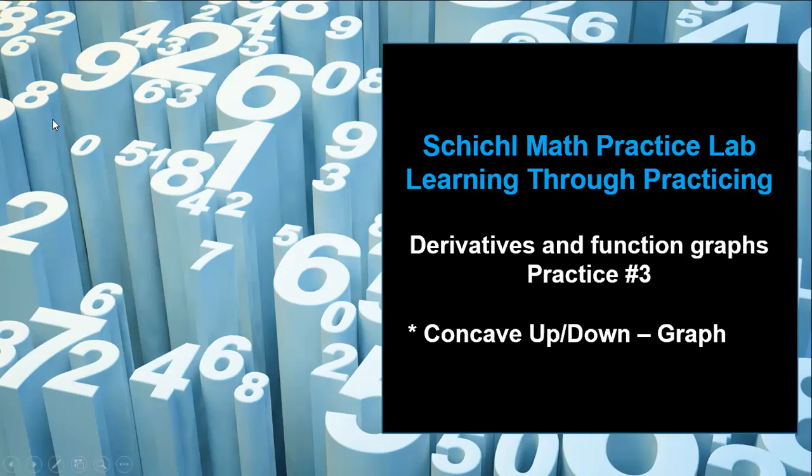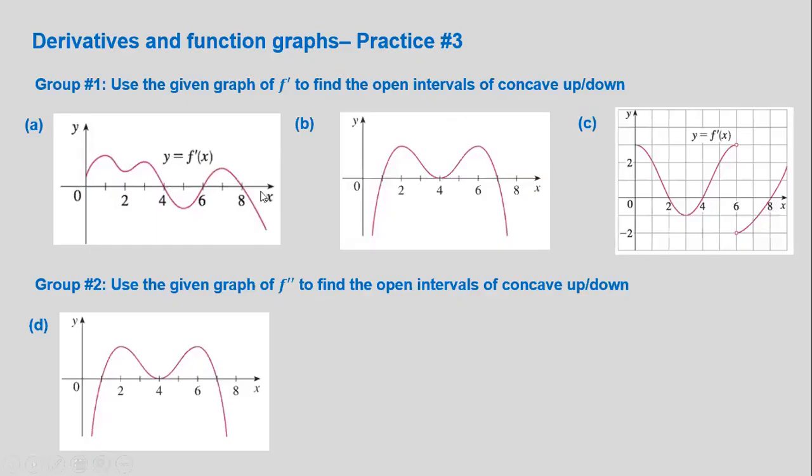So here, we're going to have 4 graphs. And from these 4 graphs, we're going to see how we identify the open intervals for concave up or concave down.